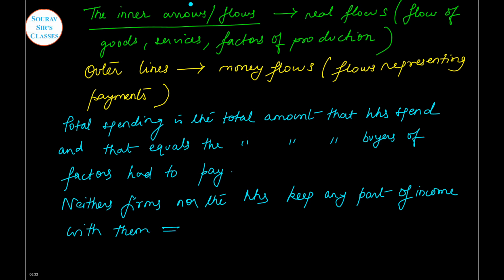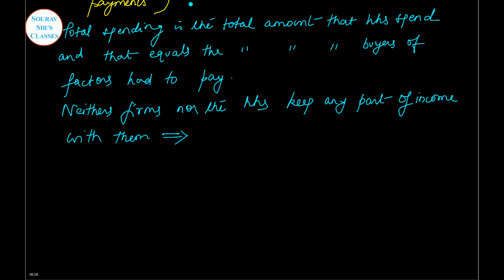Or this can be rewritten as, this means that neither they are adding anything, that means there is no injection, nor they are taking something away from the model. So there is neither injection nor leakage.